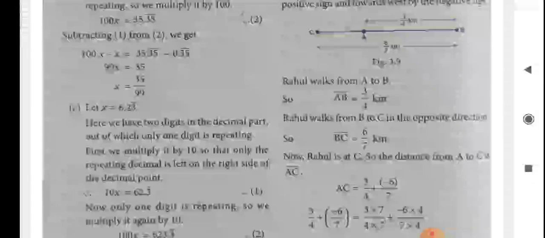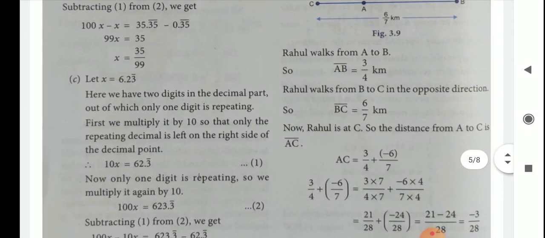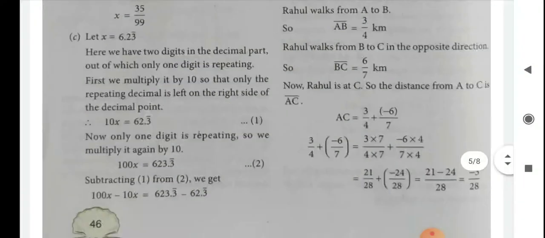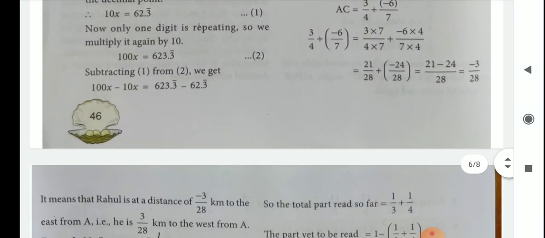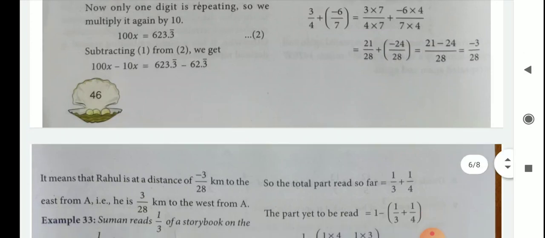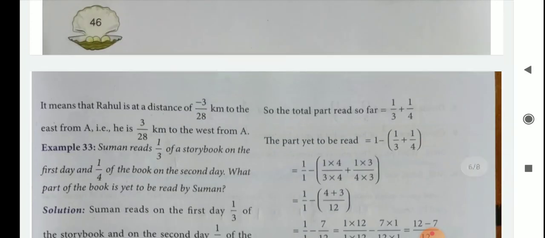So we put a minus symbol. Okay, so 3 by 4 plus minus 6 by 7. Then we solve. We get minus integer. Okay, minus integer means it is denoted as opposite direction, means west direction. Okay.